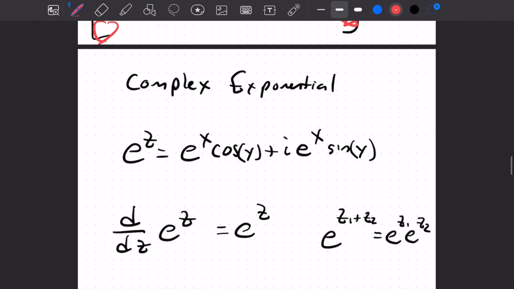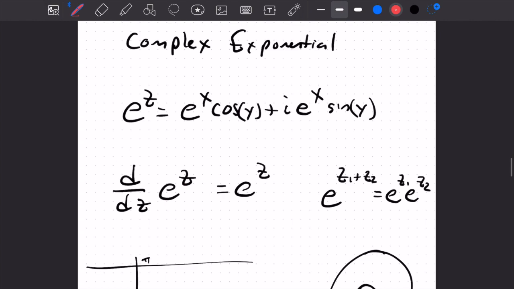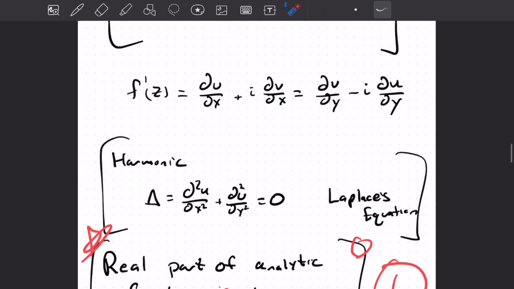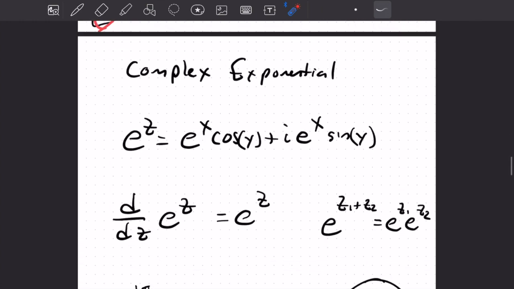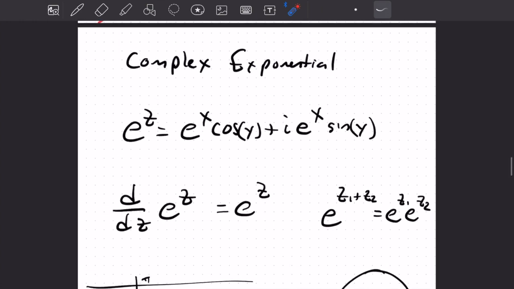All right, we're also interested in the complex logarithm function, but in order to talk about that, we want to talk about the complex exponential. And so here it is. You could ask, well, why is this the complex exponential? Well, think about what properties we would want it to have. The big one is it's its own derivative, so you could use our formula we talked about above to compute this derivative, and see that it is its own derivative, so that's nice. And it satisfies some other nice properties that we want from exponentials.